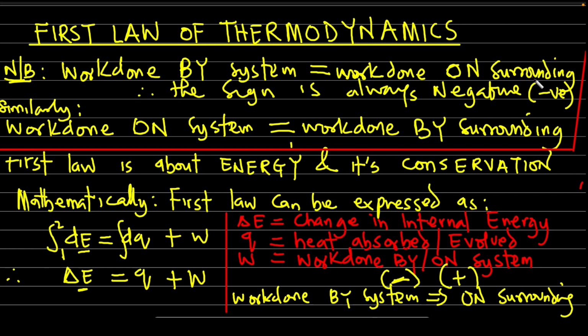If you reverse it, and the person is the one slapping me, it will be on me. So work done by the system is equivalent to work done on the surroundings. The sign is always negative, so please watch out for this. They might say work done by the system is the same thing as work done on the surroundings, and work done on the system is by the surroundings, and vice versa.